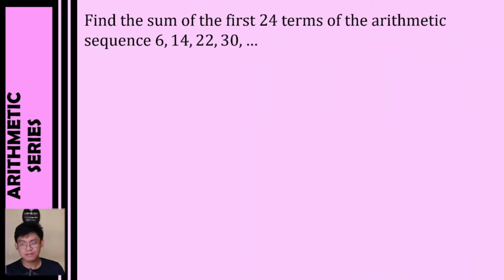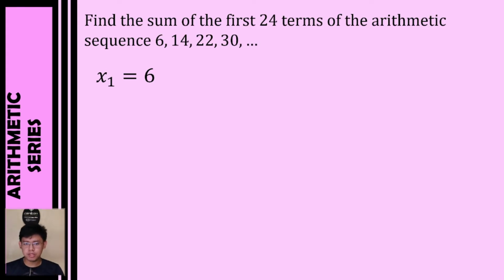Alright, let's have another example. Find the sum of the first 24 terms of the arithmetic sequence 6, 14, 22, and 30. We're looking for the sum of the first 24 terms. To get that, let's identify our given. Our first term is 6, and since the 24th term is not listed in our arithmetic sequence, we will use the alternative formula.